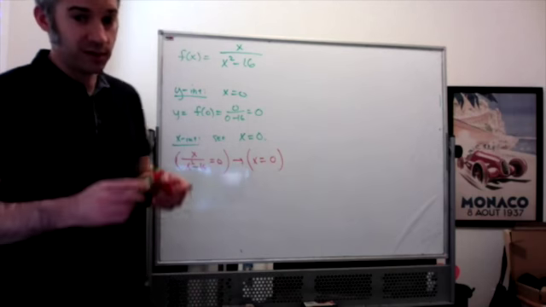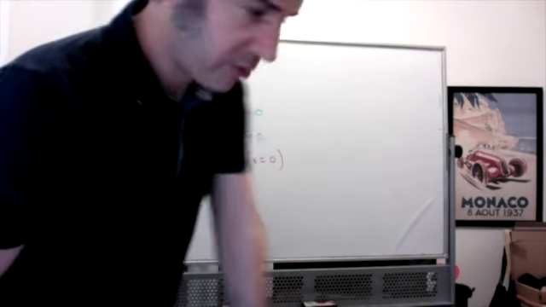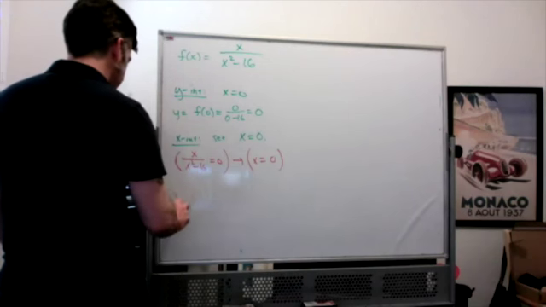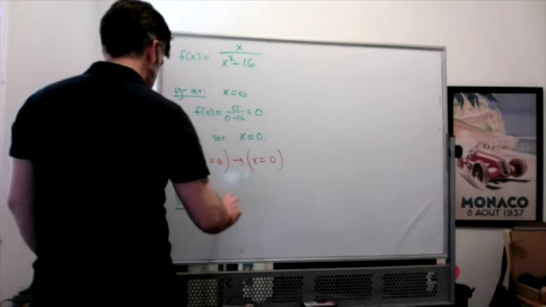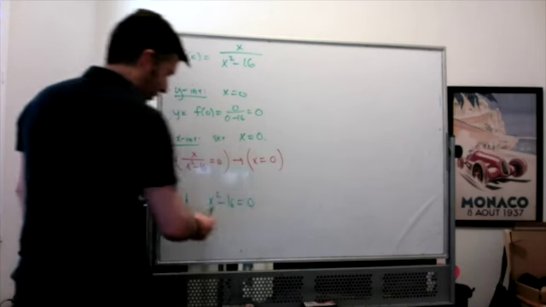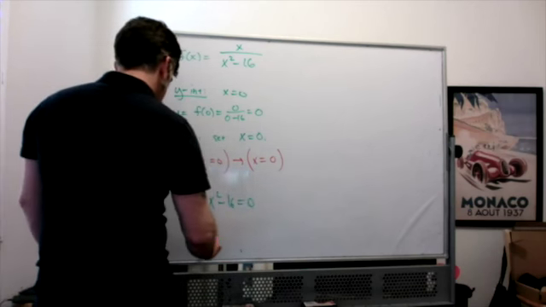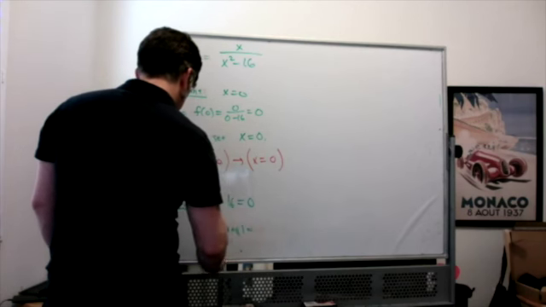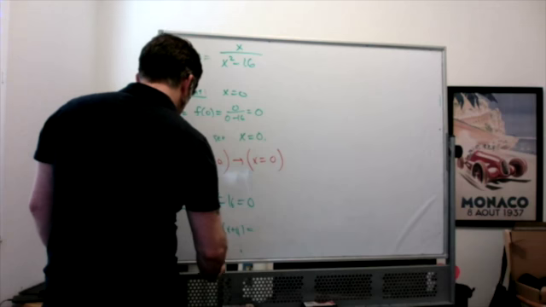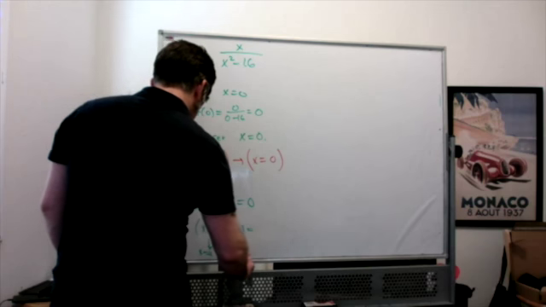So you get x equal to 0. Vertical asymptotes, that's where we set the denominator equal to 0. This factors as x minus 4 times x plus 4, which is going to give me x equal to 4, x equal to negative 4.